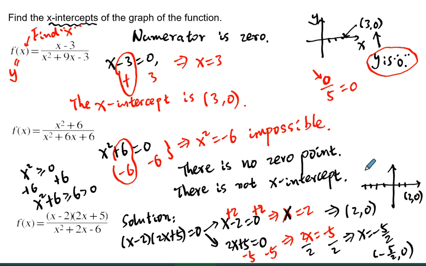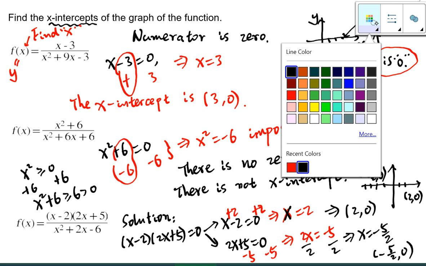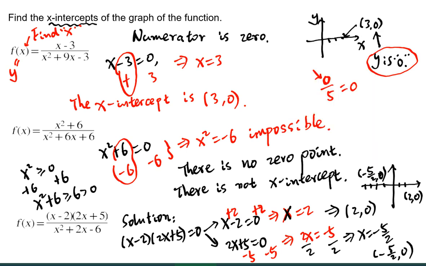Here is negative 5 over 2, 0. That we mark in the 1, 2. Let's mark here. Mark here and mark here. It's not that even.